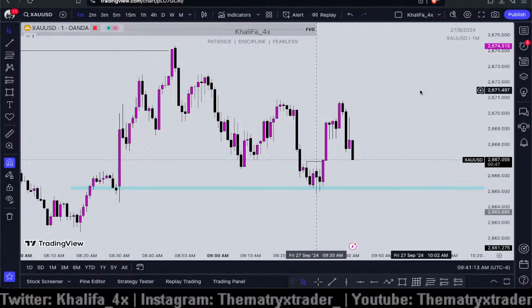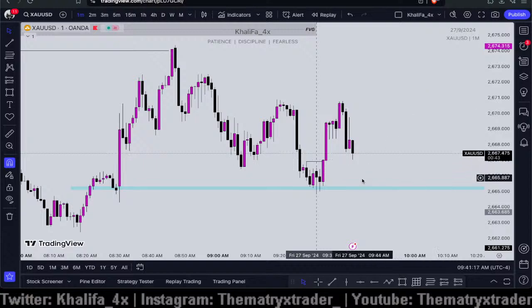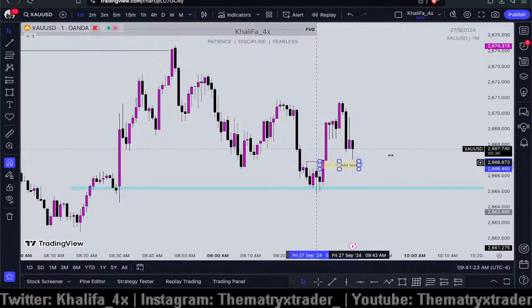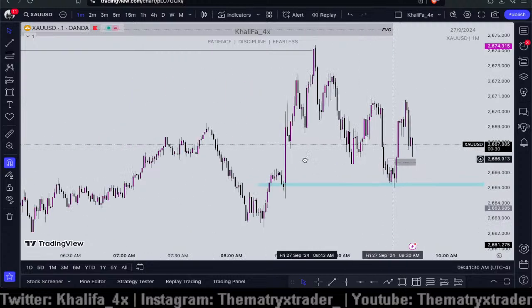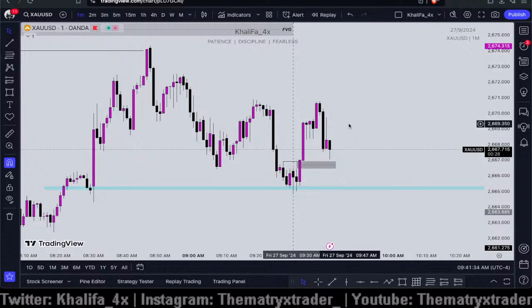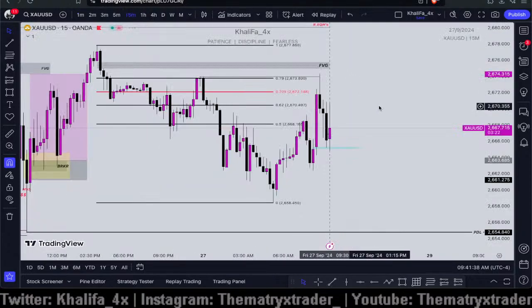Oh, let's look at the gold, what this has to offer us. All right. Now I'm not going for any entry on this because of my optimal bias.